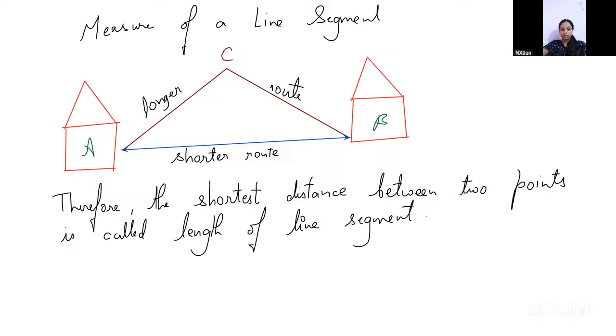For example, to measure small distances we use centimeter or millimeter units. For measuring long distances we use meter or kilometer.